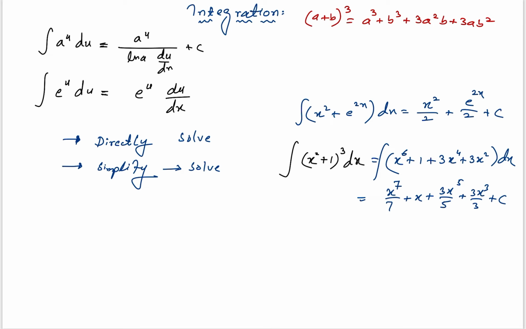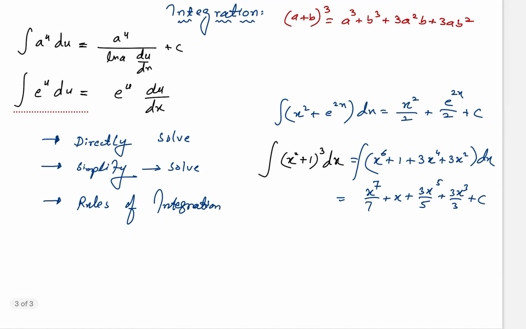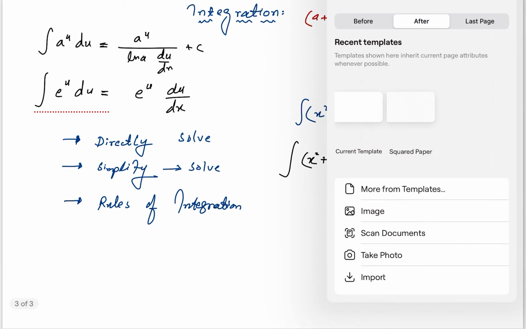And then the third option, if both of these do not work, is the rules of integration. The first major rule of integration is the power rule. And what is the power rule of integration?